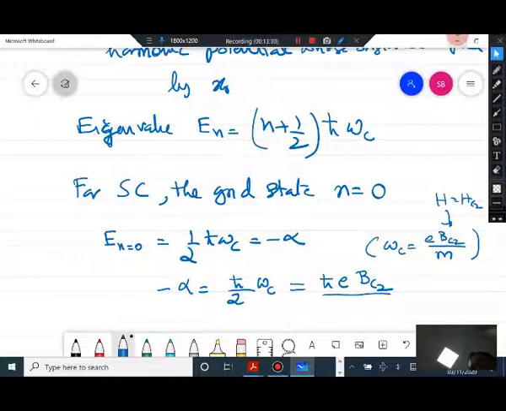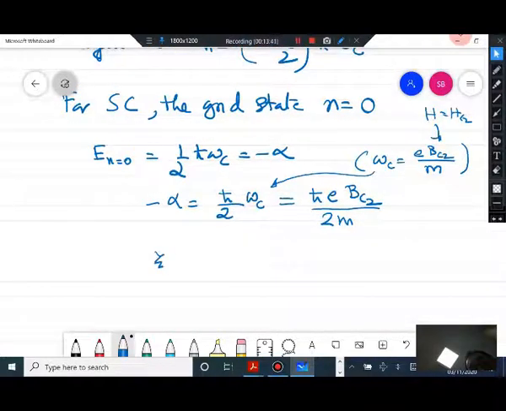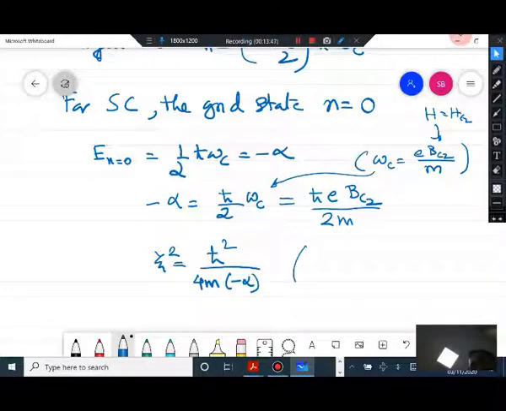then that is where we are substituting this here, and this is 2m, or that xi square would be h cross square by 4m times minus alpha. Remember that minus alpha is proportional to T minus Tc for T less than Tc.